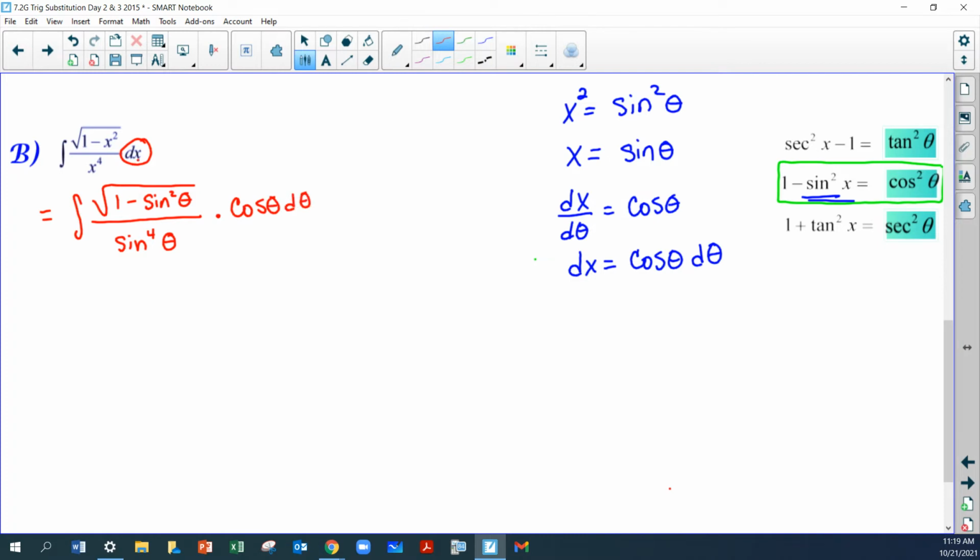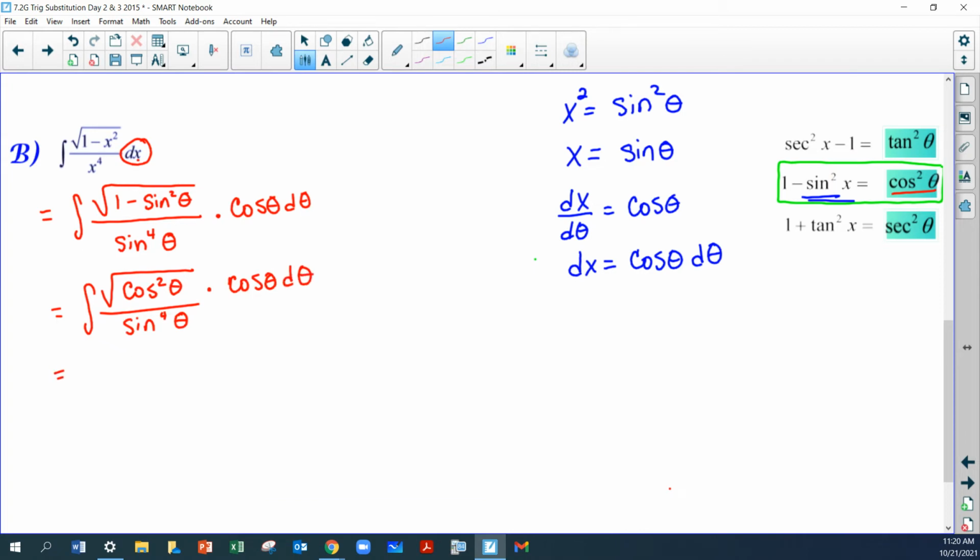Just be very intentional about what you substitute. Every single thing needs to be accounted for. Now, next step, let's simplify that radical. 1 minus sine squared is equal to cosine squared theta over a sine to the 4th theta. And then we get a times a cosine theta d theta.